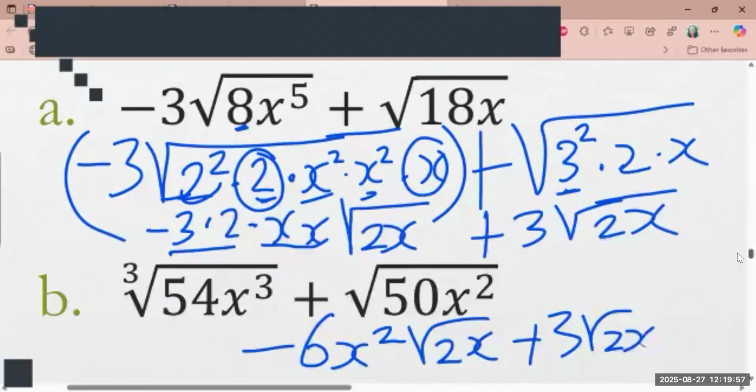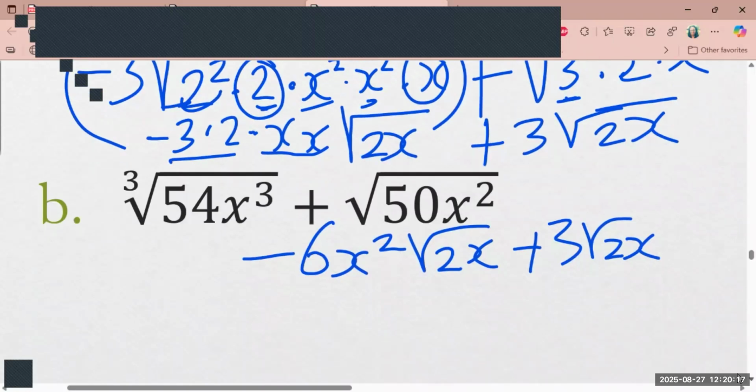Because root 2x and root 2x are the same, I can actually add, but the only thing that can be added, I will factor out what is common. So just factor out what is common. What is common? 3 root 2x is common.